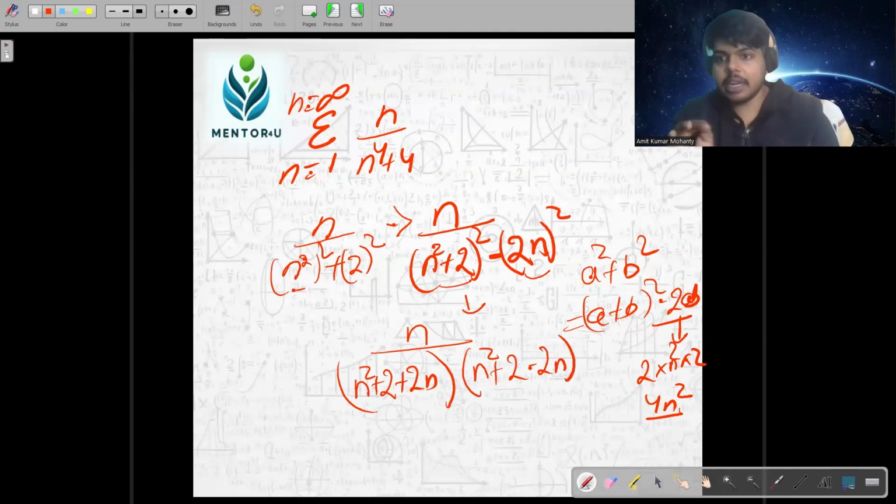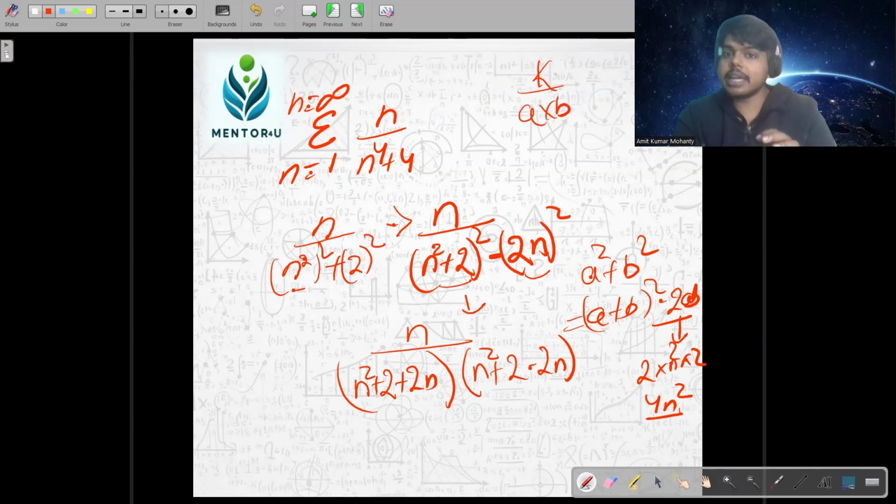Now we have written our summation this way. The next thing we need to understand is that we have brought the summation into the form of k by a into b. Correct? Now we need to write the k in terms of b and a. Let's say I write this k as b minus a somehow.